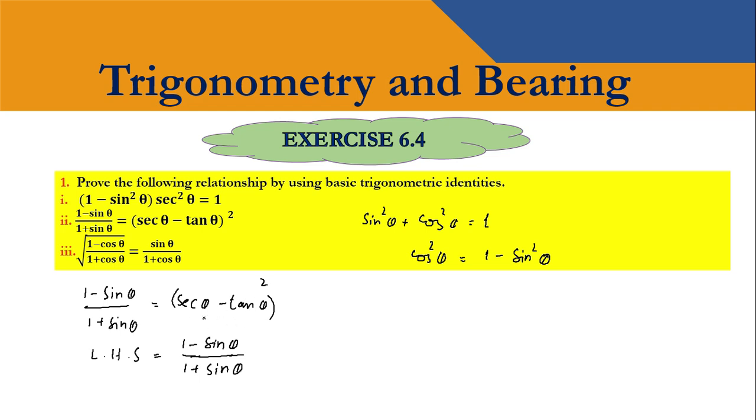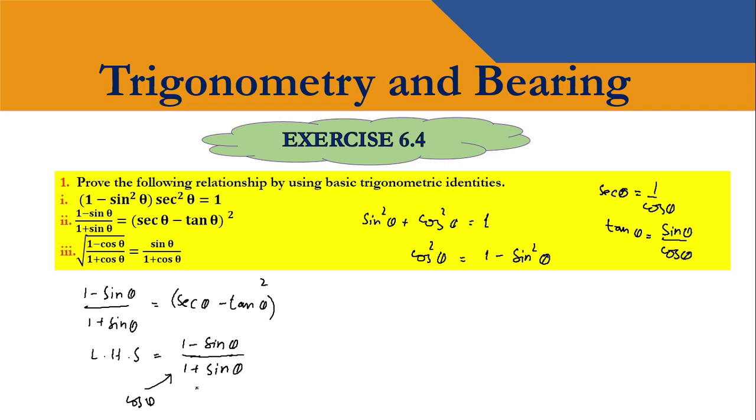It is a hint that secant theta is 1 over cos theta, and similarly tan theta is sine theta divided by cos theta. So in the denominator we need cos theta to solve this side and convert it into the right hand side. So we get our objective.